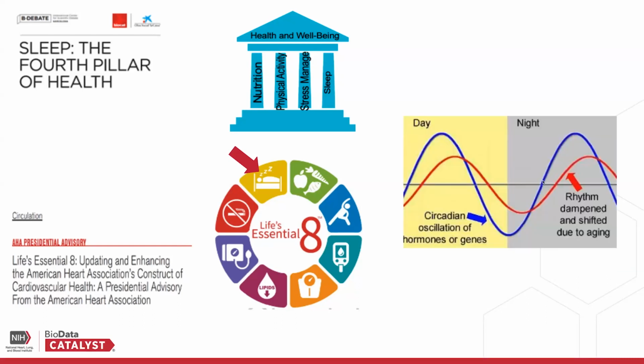Next slide. And not only is sleep integral for good health and actually interacts with many of the phenotypes and disorders within BioData Catalyst, but there's very exciting data about the importance of circadian biology and circadian rhythms. As you can see here is just a hypothetical biological rhythm in health in blue, and maybe how it might change in red with disease or aging.